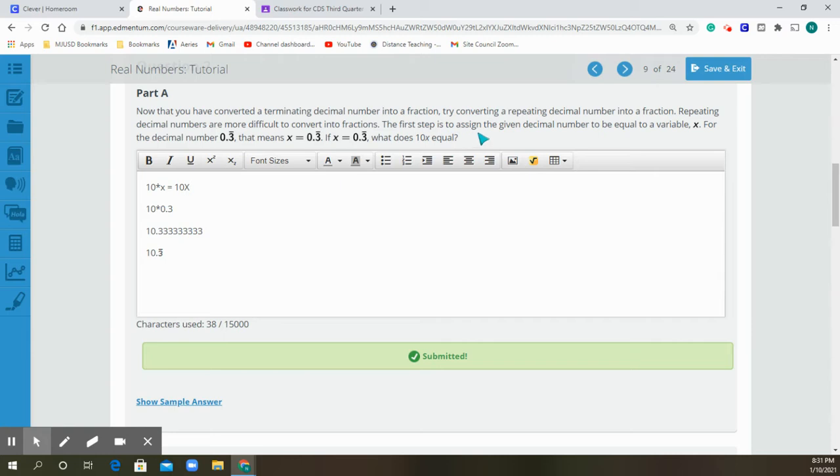For example, the decimal number 0.3 bar, or repeating, is x equals 0.3 bar. If x equals 0.3 bar, what does 10x equal?